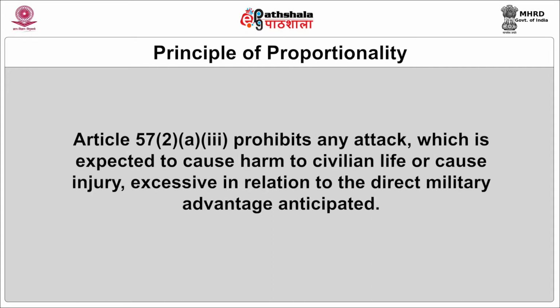Article 57 Clause 2(a)(iii) prohibits any attack which is expected to cause harm to civilian life or cause injury excessive in relation to the direct military advantage anticipated. It implies that decision makers cannot authorize any disproportionate attack.